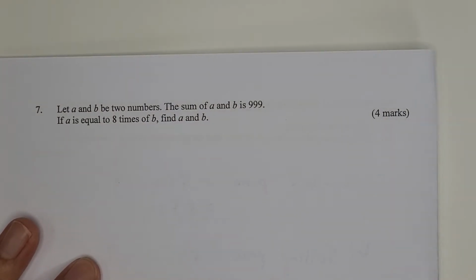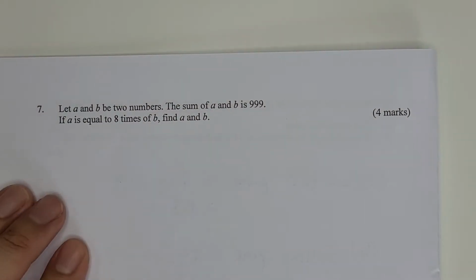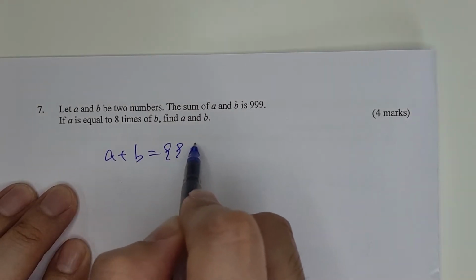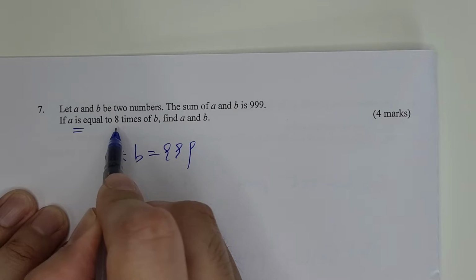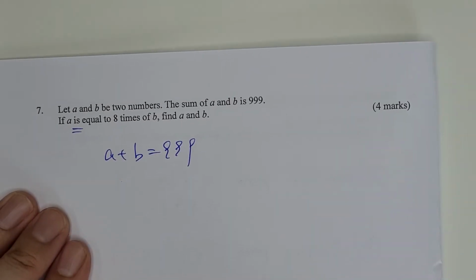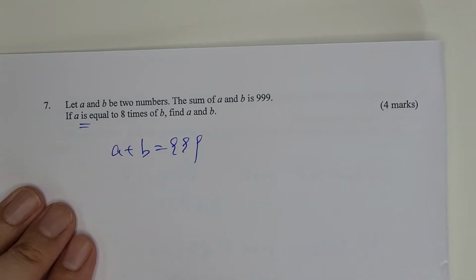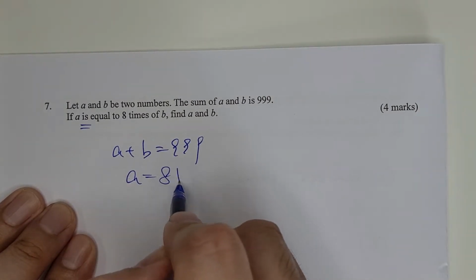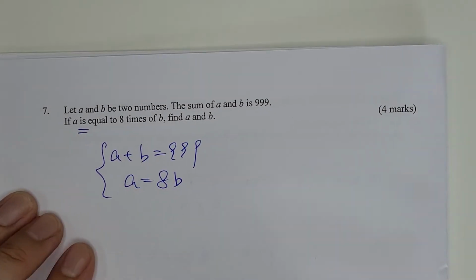A and B are two numbers. The sum of A and B is 999. So quite straightforward. A is 8 times of B. So A is bigger than B. A equals 8B. Two equations, two unknowns.